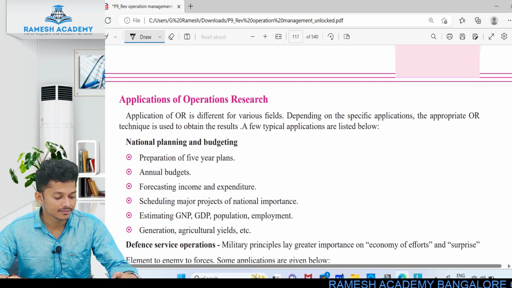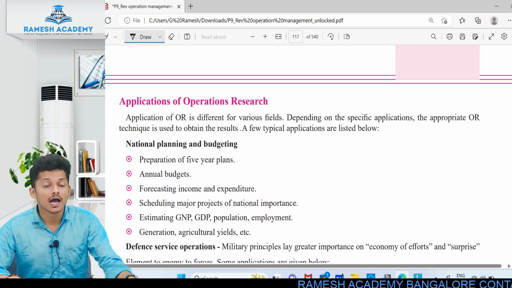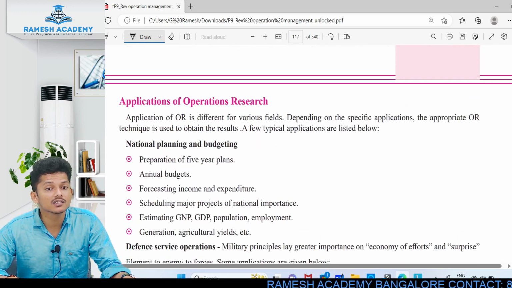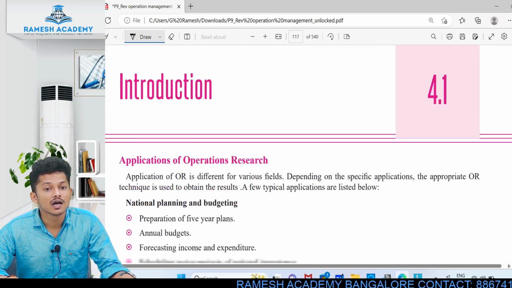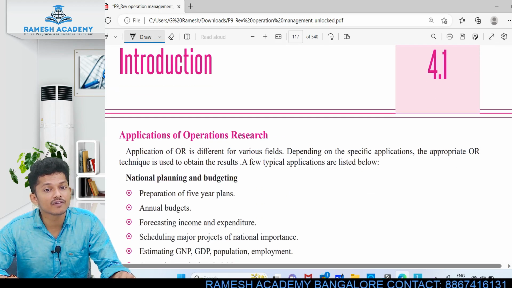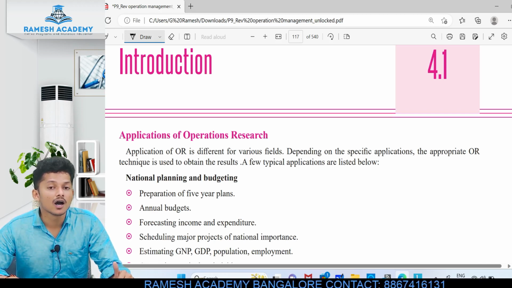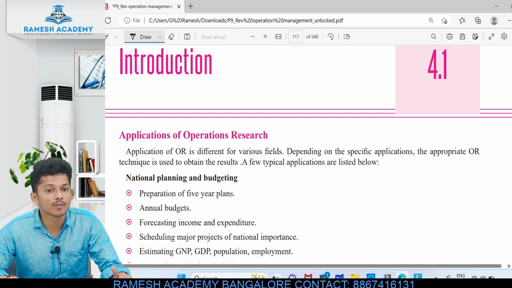Under that, introduction, application of operation research. Application is different for various fields depending on the specific application. The appropriate operational research technique is used to obtain the results. A few typical applications are listed below.